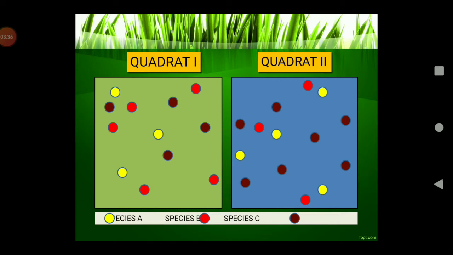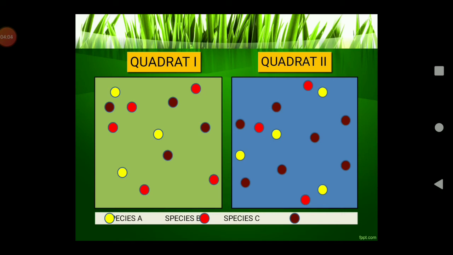So we are going to count the number of species A present in quadrat 1 and quadrat 2. As you can see here, the yellow species, that is species A, in quadrat 1 only 3 are there, in quadrat 2 there are 4. Similarly, species B, which is red in color, in quadrat 1 there are 5, and in quadrat 2 there are only 3.